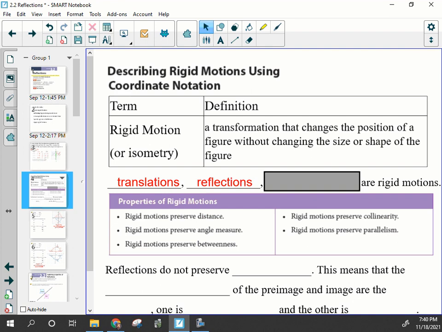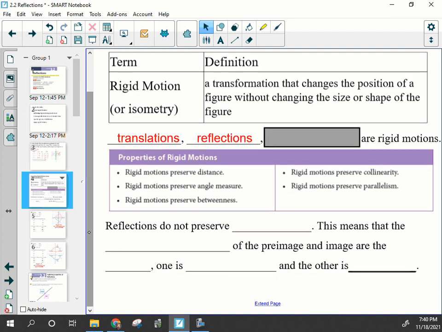Some of the properties of rigid motions, again, preserve distance, preserve angle measures. They also preserve betweenness, collinearity, and parallelism. The two keys in rigid motions is that they preserve distance and angle measures. On the next slide, we're actually going to look at this and compare this.